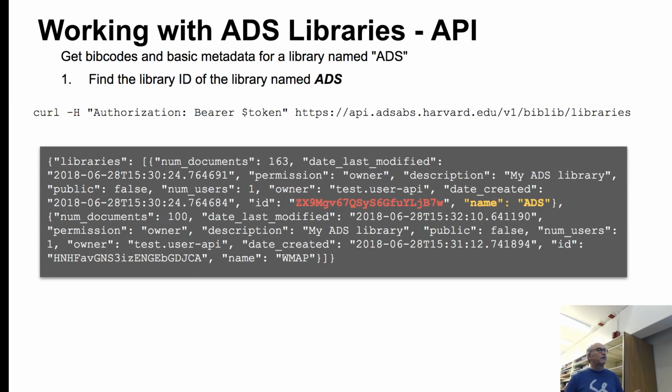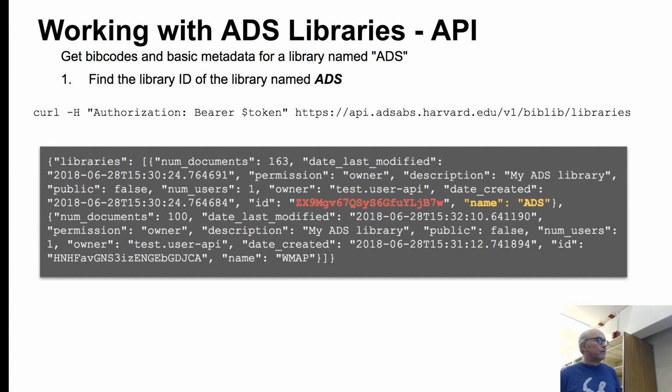So we know that we have a library called ADS, and we want to work with the contents of that library. Well, in this curl GET command you only need your API key. This will generate an overview of all the libraries that are associated with your account.